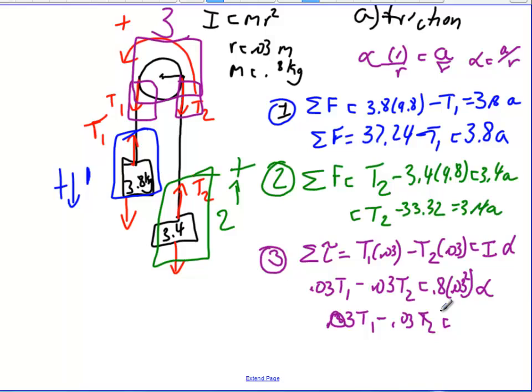times 0.03 squared is 0.00072, and then we're going to go ahead and put in A over R. A divided by 0.03.